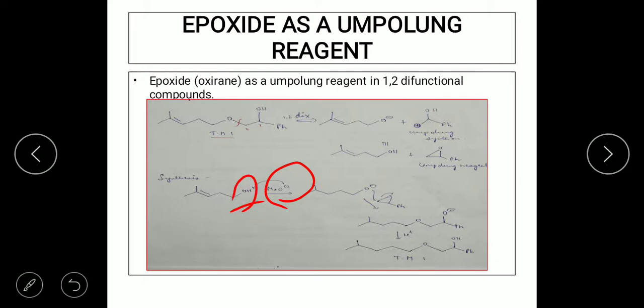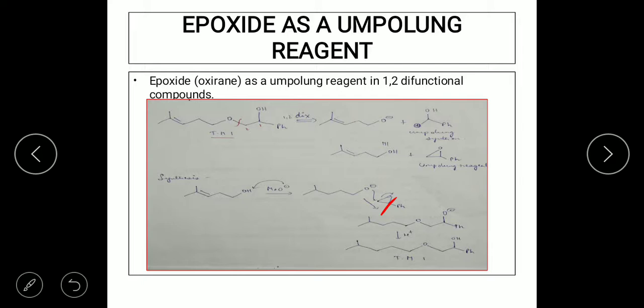When it abstracts, we get the oxygen anion, and this anion is a nucleophile. So this nucleophile can attack the epoxide, that is, it can attack the carbon which is attached to the oxygen. The carbon attached to oxygen is going to be electrophilic.